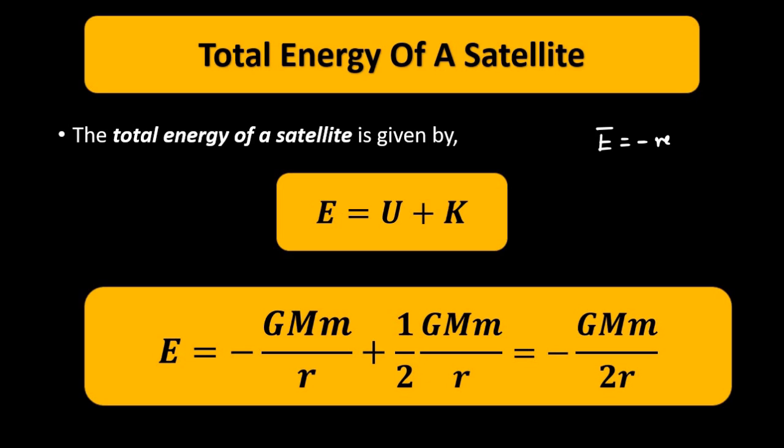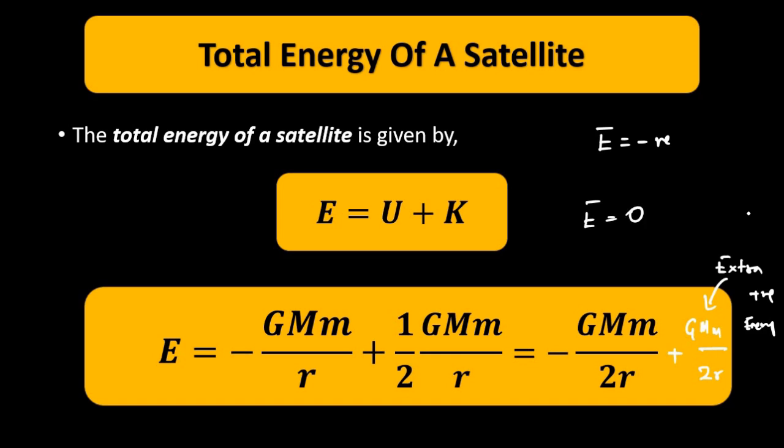In that case, we have to supply energy equal to plus GMm by 2r. If this much extra positive energy is supplied from outside, then the total energy will become 0.